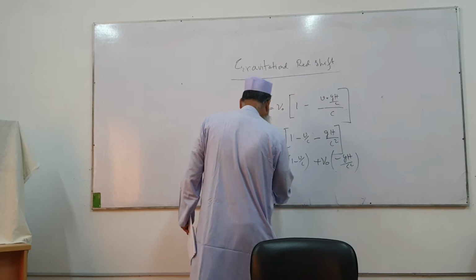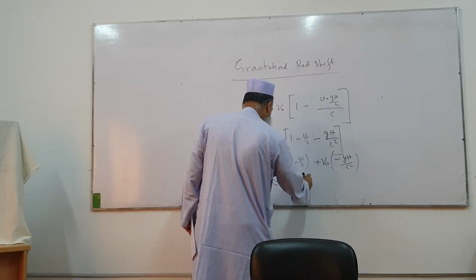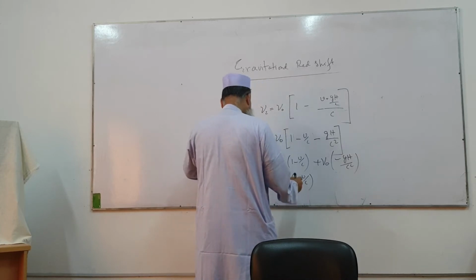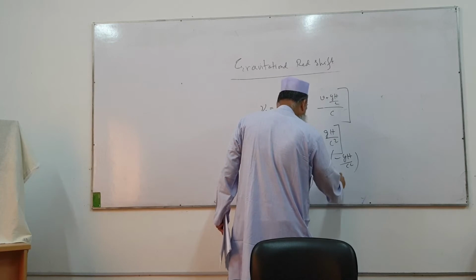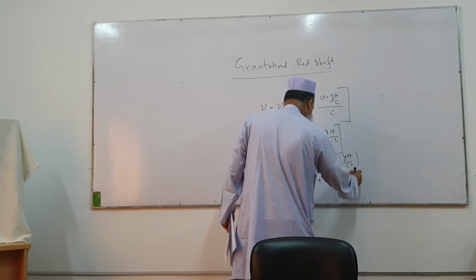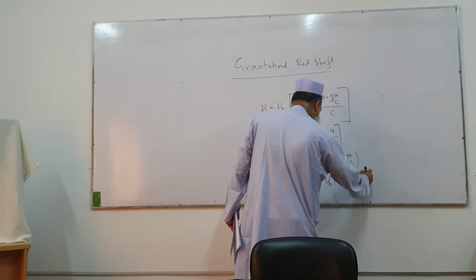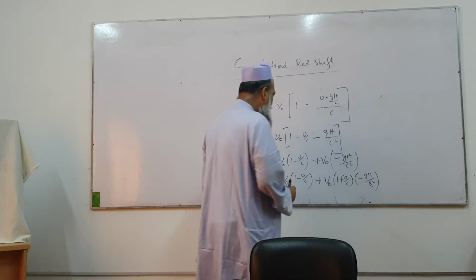This is about nu naught (1 minus v by c) plus nu naught (1 minus v by c) multiplied by gh by c square. Why so?